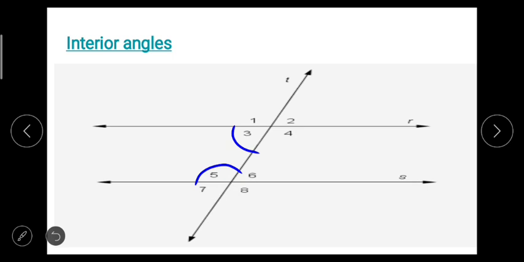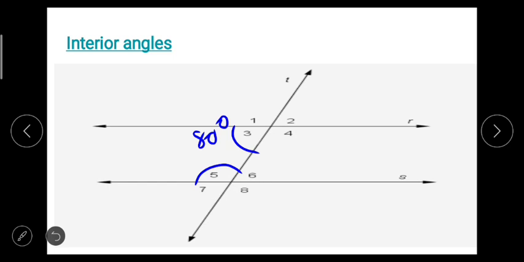Now we will see the property of interior angles here. Suppose the measure of angle 3 is 80 degrees. What is the measure of angle 5 then? See, interior angles are supplementary.